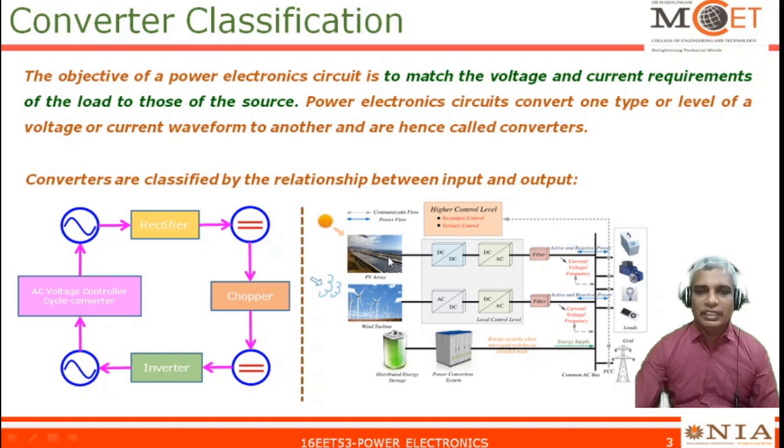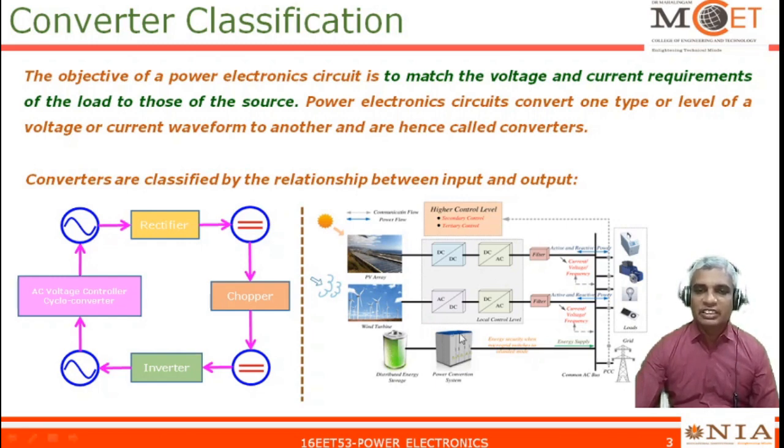Then one important thing in the case of photovoltaic is power generated from the photovoltaic is DC, whereas grid is AC in nature. Power generated from the wind turbine is AC, but a variable AC, but grid requires a constant voltage AC supply. So there is a lot of mismatch between the source and the grid.